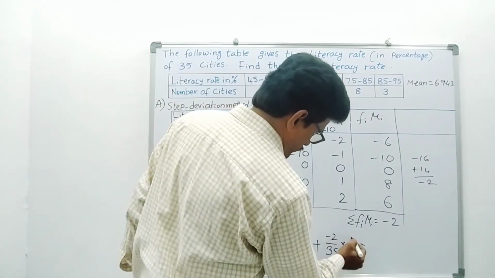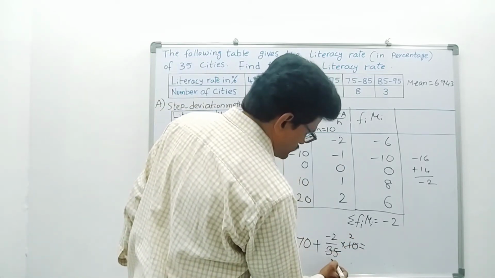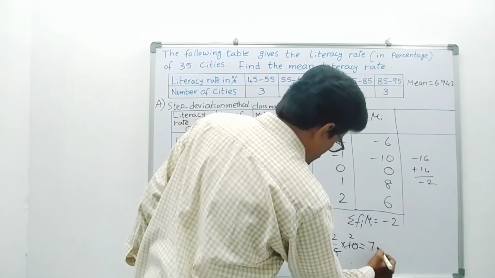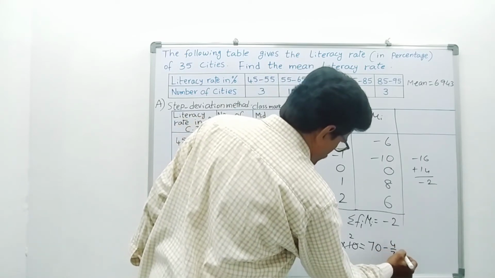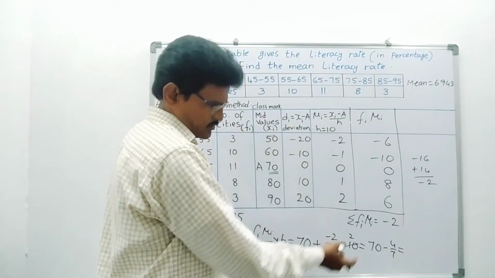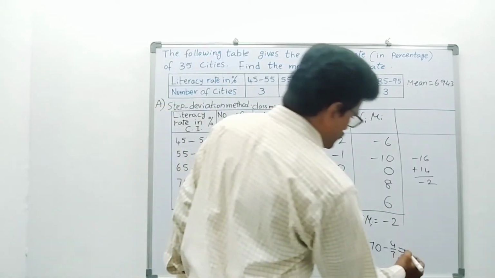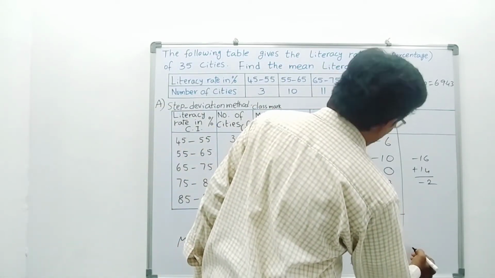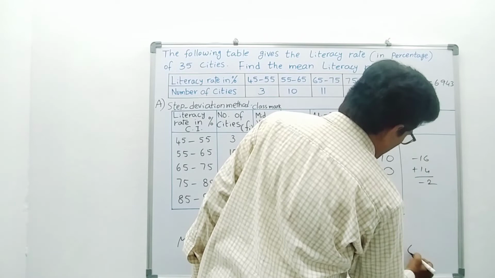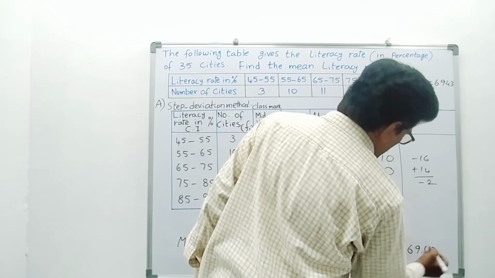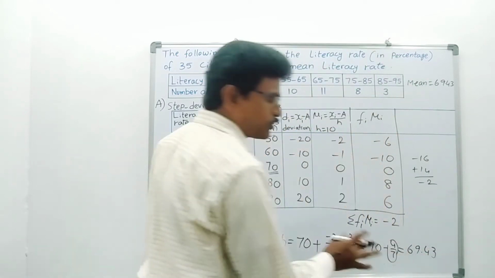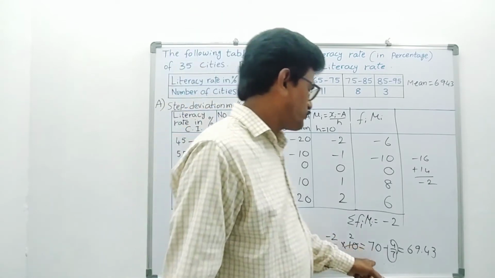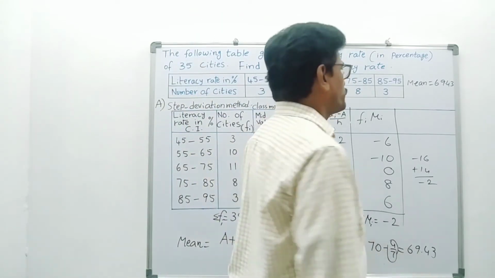So here 5 2s are 10, 5 7s are 35. Again we are getting 70 minus 4 by 7. Last time also we got 70 minus 4 by 7. So you will get again 69.43 only. You simplify 4 by 7, just now I have done that. You subtract that value from 70, you will get 69.43.